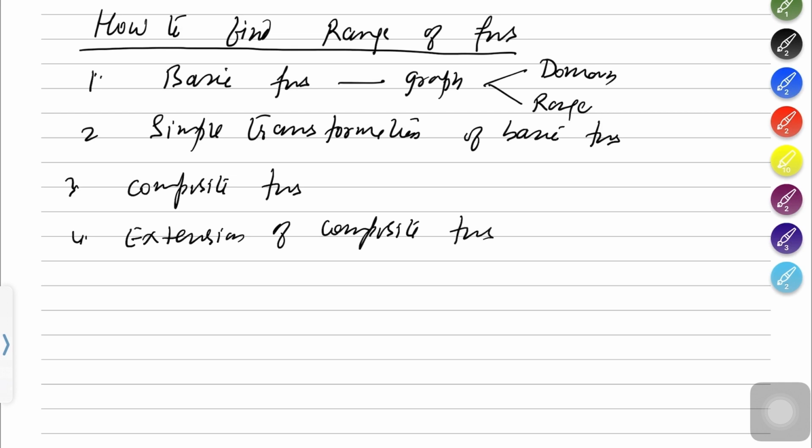Basically I call it the substitution method. Then next is using the concept of monotonicity.